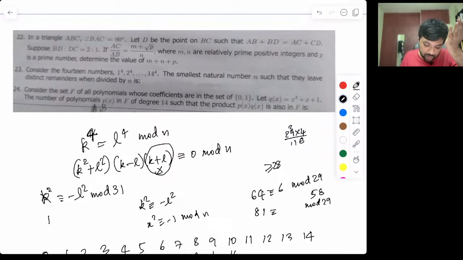If you write any natural number as a sum of two squares, then that number cannot be divisible by a prime of the form 4k plus 3, I think. Right? 29 can of course be written as 25 plus 4 already. So is that enough? Can I just argue that there can never be a solution for k square plus L square is 0 mod 31? 31 cannot divide.